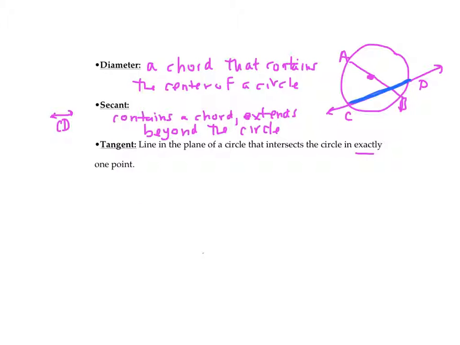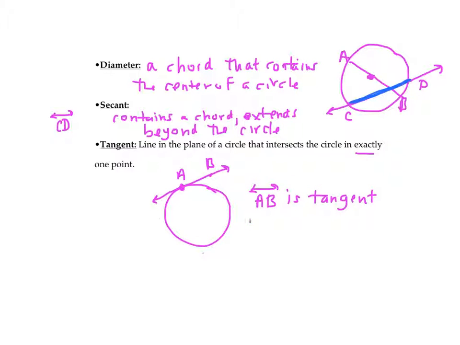And if we have a line that just touches in exactly one point, then we would say that this is a tangent. So say line AB is tangent to the circle at point A.